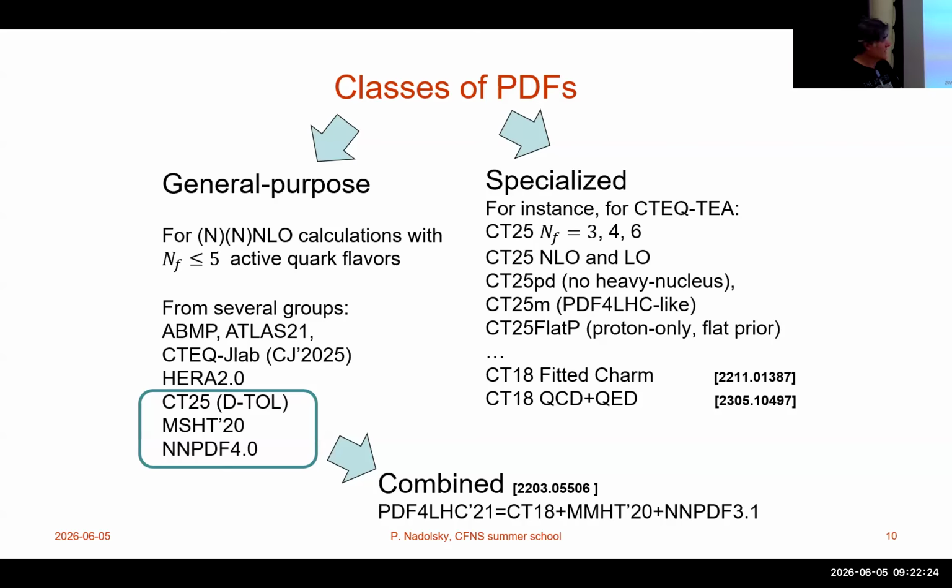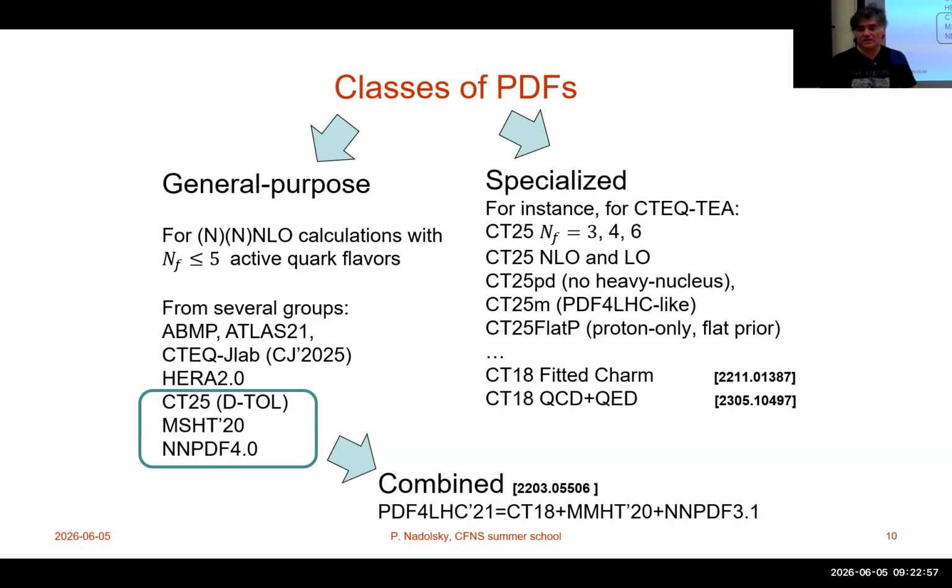And now then there are two other analyses which are recent, MSHT20 and NNPDF 4.0. And so these numbers change as the new versions of these PDFs come out. But then there are specialized PDFs. So whenever we produce this general purpose set, we also have additional sets that serve a slightly different purpose. Like, for example, when we release CT25, we will release several other sets with different maximal numbers of flavors, PDF sets at NLO and leading order.